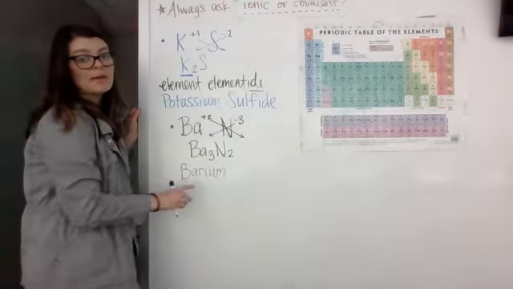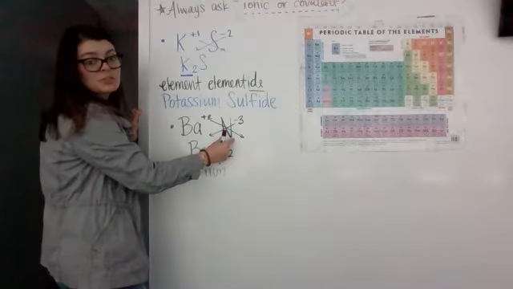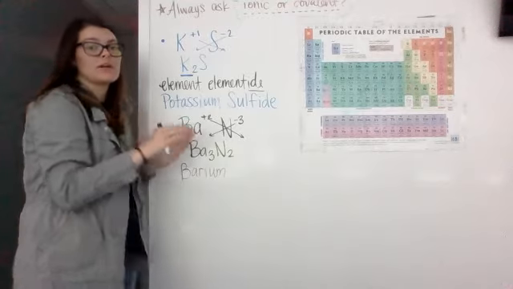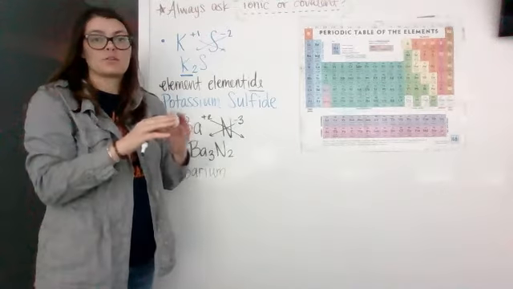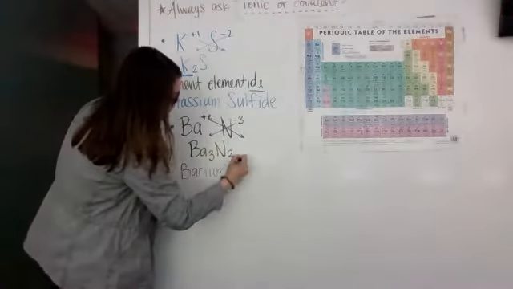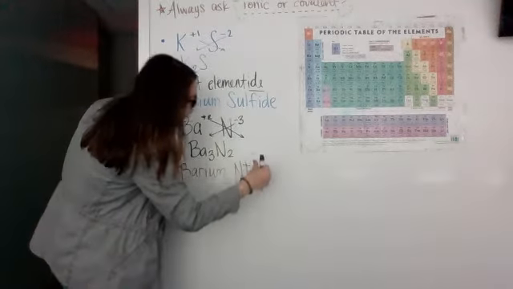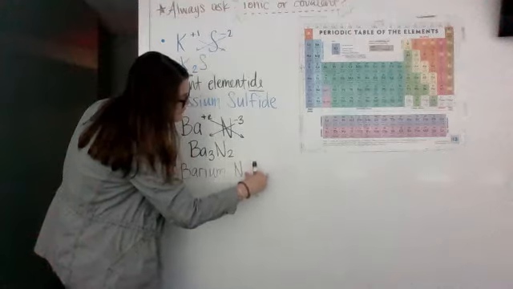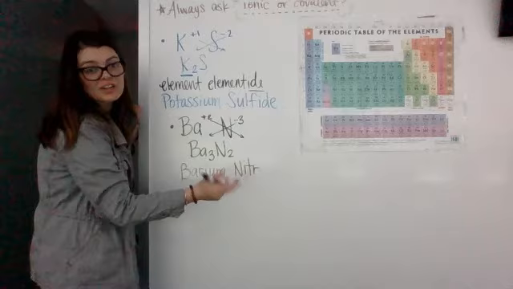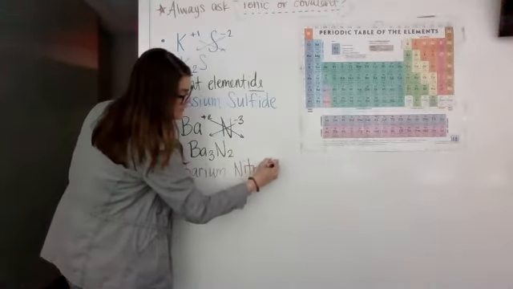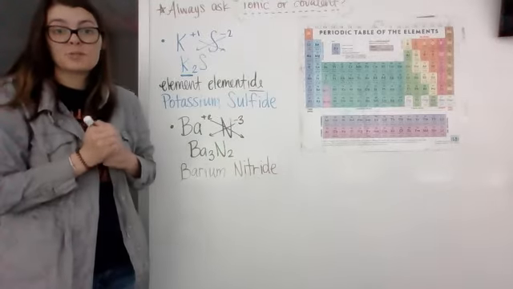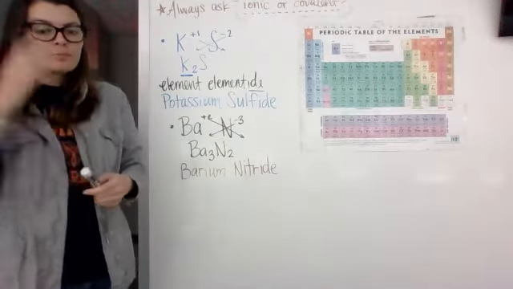Then I take nitrogen, but only the root: I took the gen off, so the root is just nit. Nitride. So barium nitride would be the name of this one.